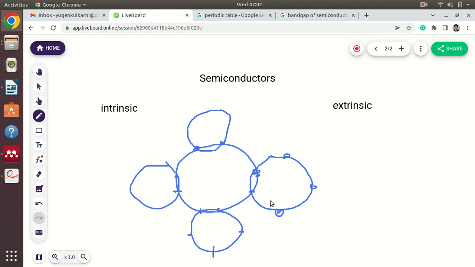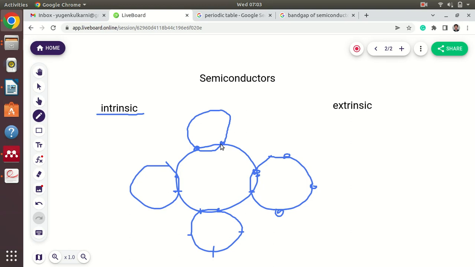Such semiconductors are called intrinsic semiconductors because they have completed their octet. The electrons available in intrinsic semiconductors are there because they can absorb energy and go to the conduction band, and then they become available to pass as an electric current.